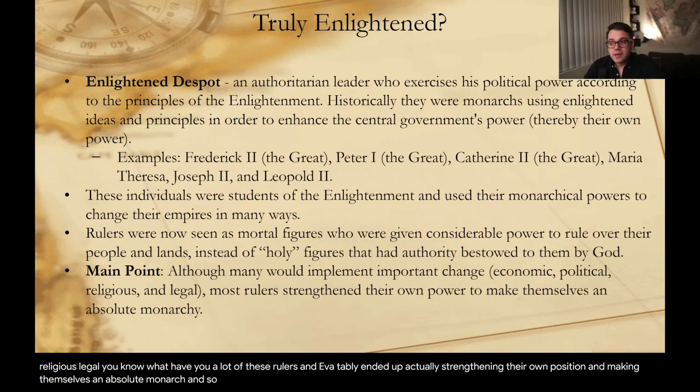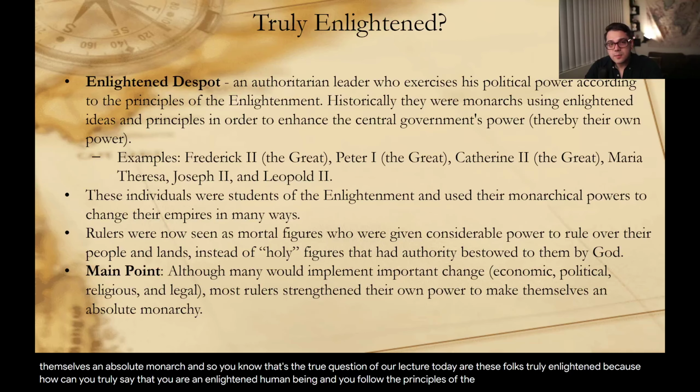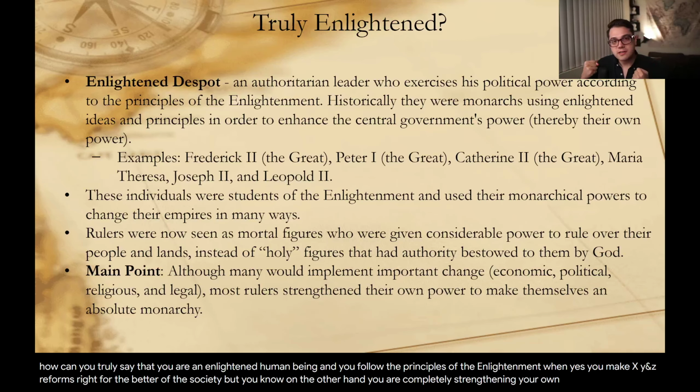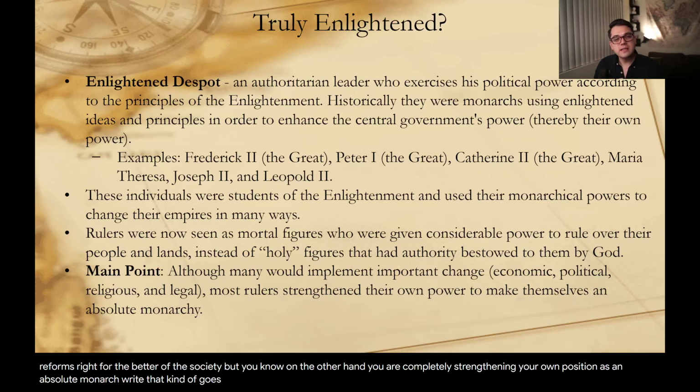And so that's the true question of our lecture today. Are these folks truly enlightened? Because how can you truly say that you are an enlightened human being and you follow the principles of the Enlightenment when, yes, you make X, Y, and Z reforms for the betterment of the society, but on the other hand, you are completely strengthening your own position as an absolute monarch, right? That kind of goes against the ideals a bit. And so it's some gray area in between.